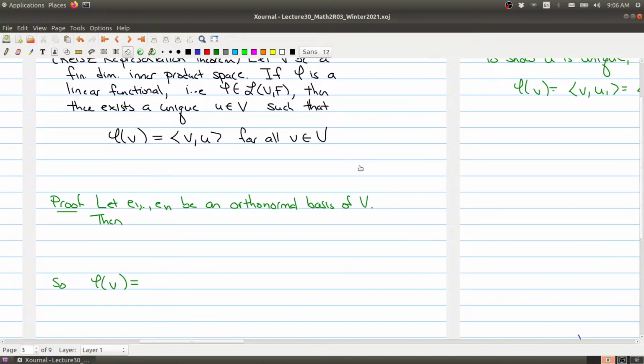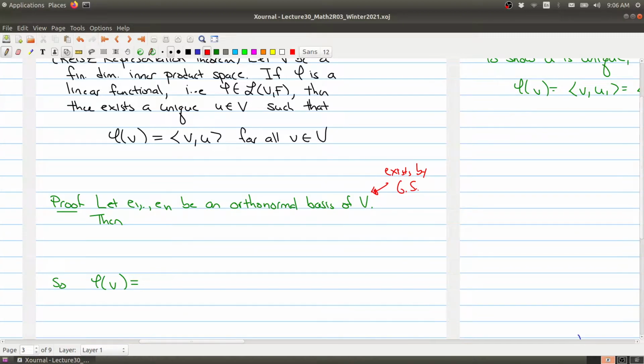Well, what we do is we let e1 through en be an orthonormal basis of V. We know that this exists by Gram-Schmidt. We actually proved that in a previous lecture.